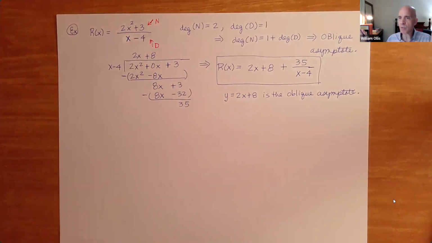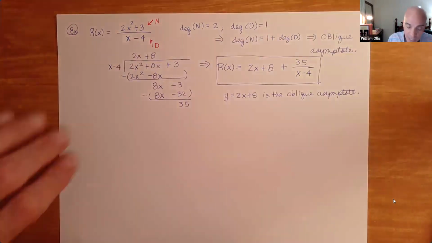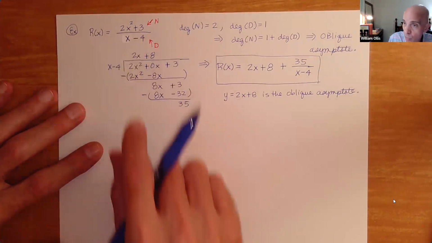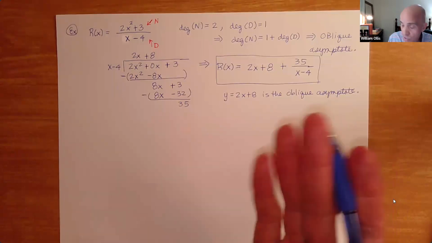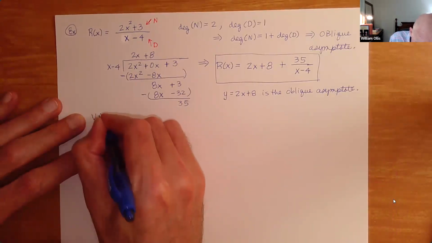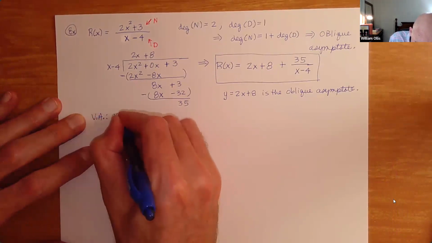We're done with the oblique. There's clearly no horizontal. We've got the oblique. We're covered with that, with the division. Now we've got a 0 in the denominator, which is clearly not a 0 upstairs, but you see there are no zeros in the numerator. So we have a vertical asymptote of x equals 4.